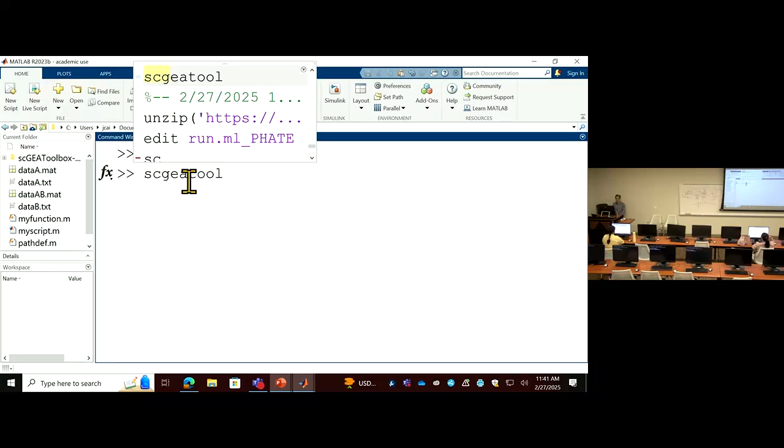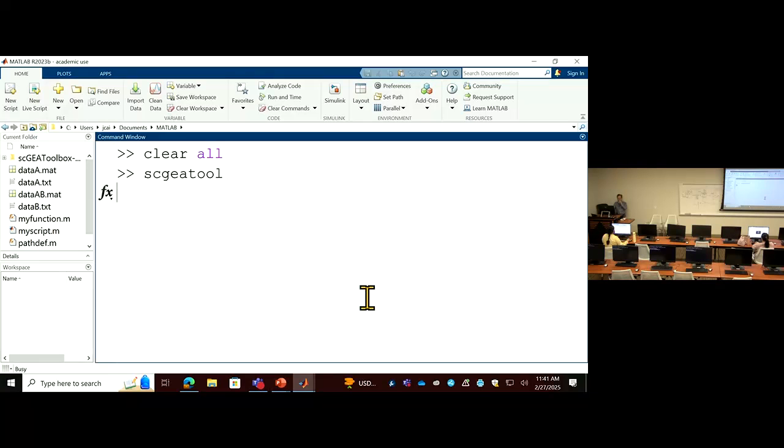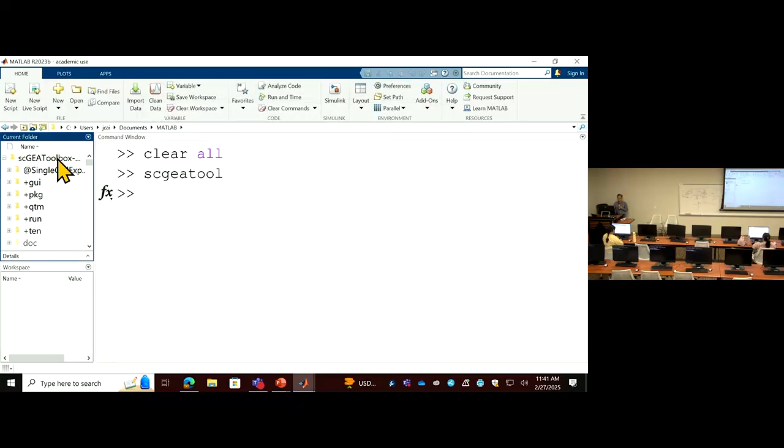So let's just load an example data from this interface. Let me delete one file.